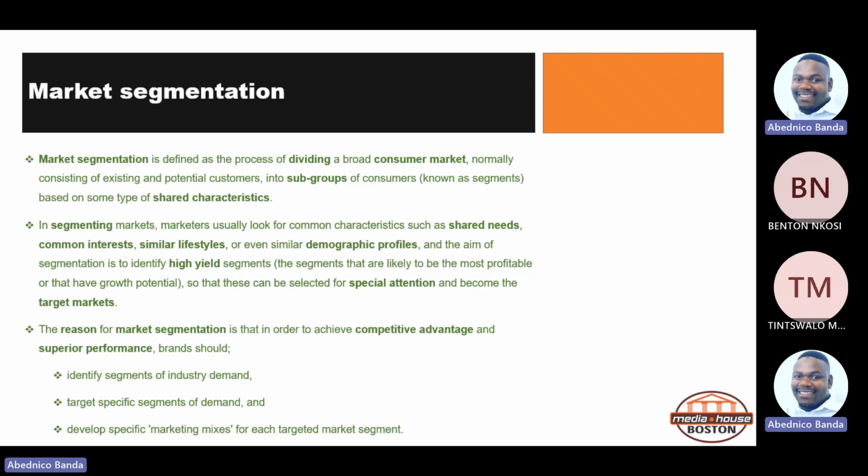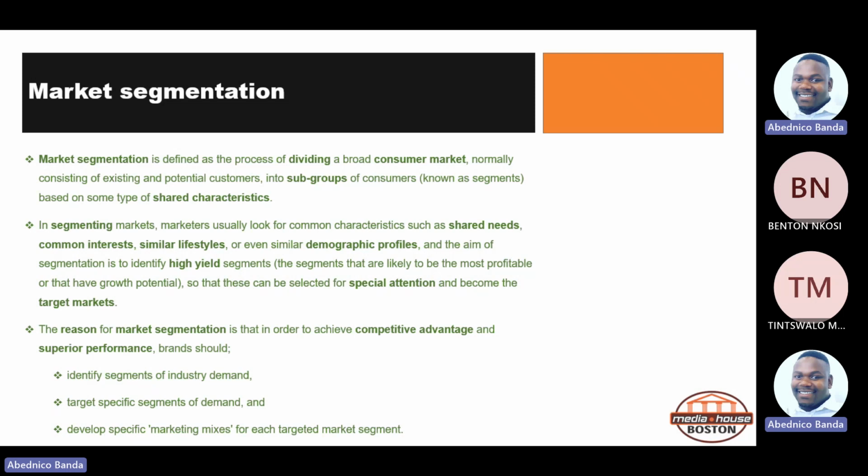The reason for market segmentation is that in order to achieve competitive advantage and superior performance, brands should be able to identify segments of the industry demand. Brands should target specific segments of demand, and brands should develop specific marketing mixes for each targeted market segment.